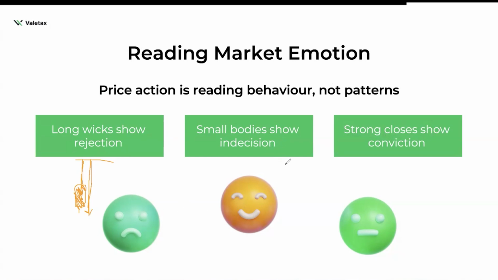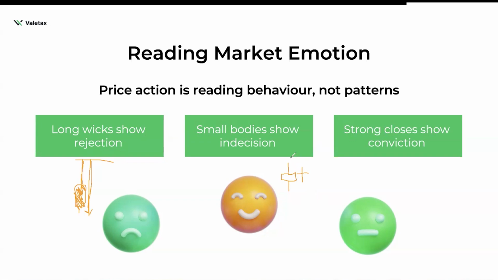Now, small body candles are candles that look like this. This type of candle shows you indecision. A candle that looks like this is called the doji candle. We're going to look at types of candlesticks in future episodes.